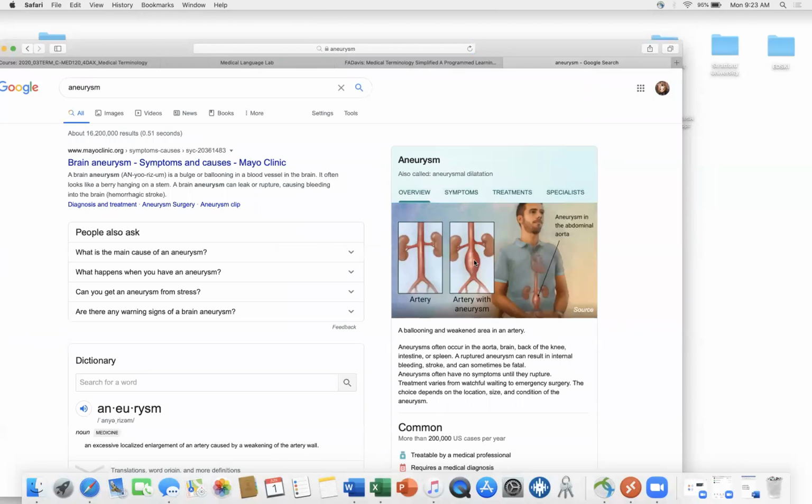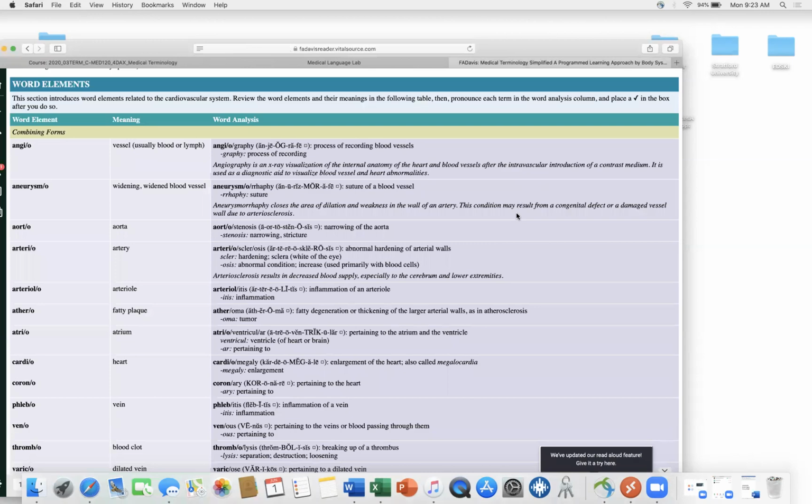Oh, right here. Here's a regular artery, and here is an aneurysm. Now, what's an aneurysm? An aneurysm is when the blood vessel gets weak, and the artery is under high pressure, and then the walls start dilating like that. And when it dilates like that, it might explode, and that's never a good thing.